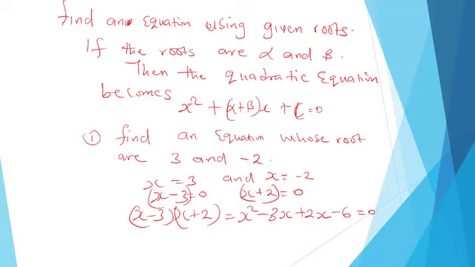So the equation becomes x squared minus 3x plus 2x, which is minus x, minus 6 equals 0. Now this is telling us that when you solve this quadratic equation, your answer will be 3 and minus 2.